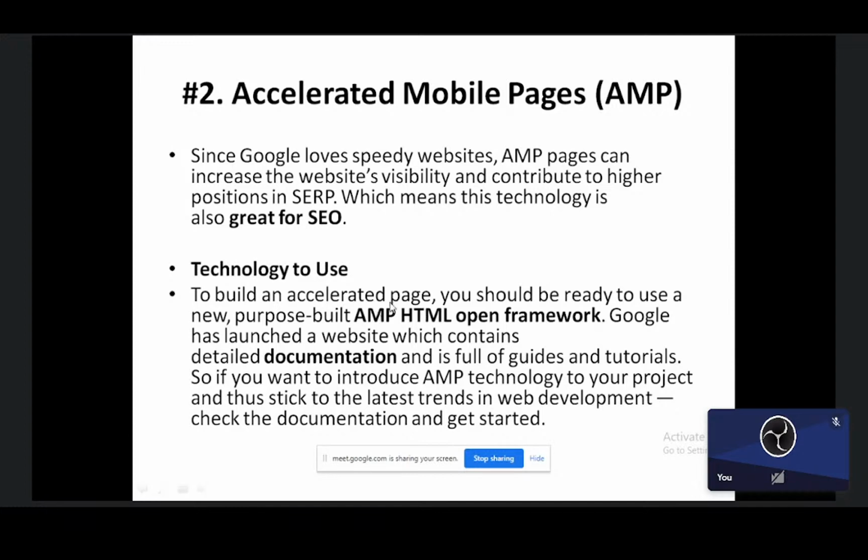To build Accelerated Mobile Pages, you should be ready to use the purpose-built AMP HTML open framework. You can search this on Google and you'll get lots of information about it, and there is detailed documentation on how to develop AMP web applications.